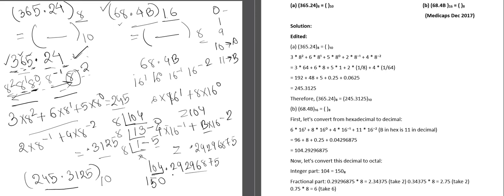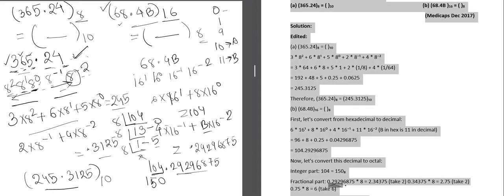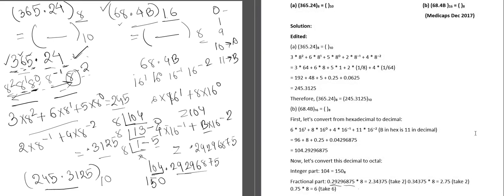Now for the fractional part, we multiply it by 8. We multiply 0.29296875 by 8, and then the result we get, we again multiply by 8, and so on. Multiplying 0.29296875 by 8 gives us 2.34375.